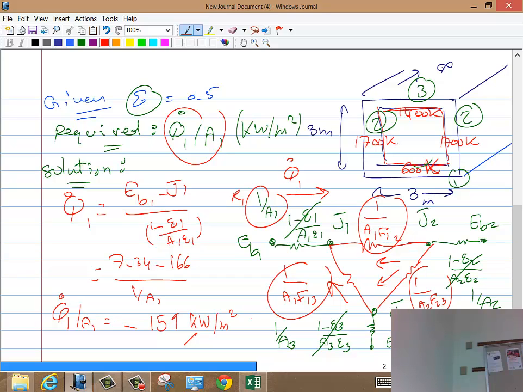He's actually sending this to the outside, J1. The difference between this and this divided by the resistance is the actual Q. Alright? It's hard to measure because I cannot point to a place on the surface and tell you this would be that hot. Here's the temperature at that place. This J is not something that I can touch with the surface. The surface is actually sitting at T1.